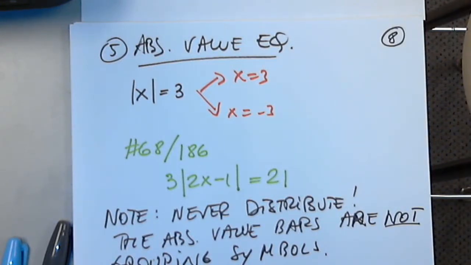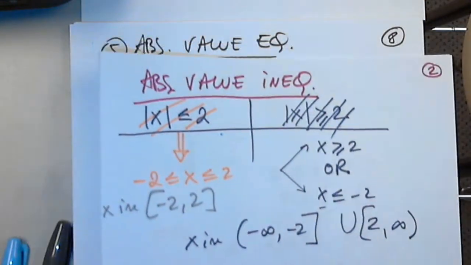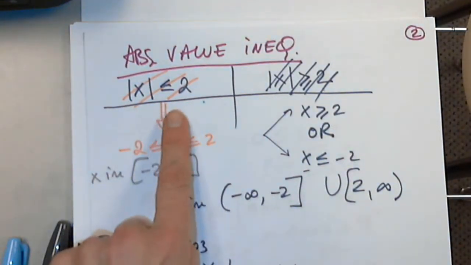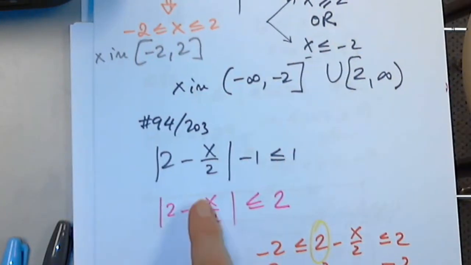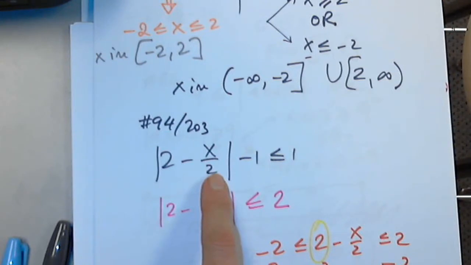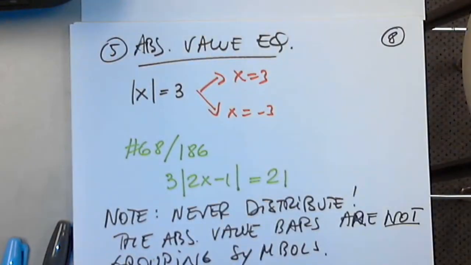So instead of 3 times the whole thing, it's really just 3 times 2x. Remember what I said here when I crossed it out? You can't touch the absolute value. It's untouchable. And here, you said, let's multiply both sides by 2 to get rid of the fraction. Absolute value? Untouchable. Exactly. So the same thing: 2x minus 1, totally untouchable.